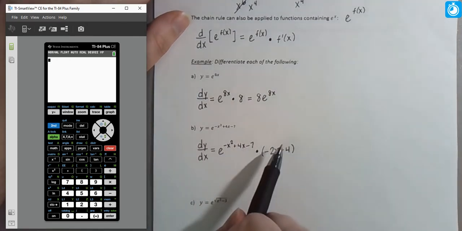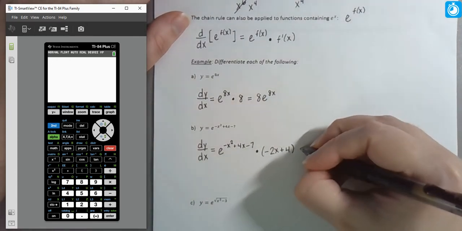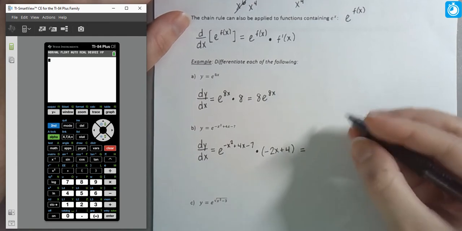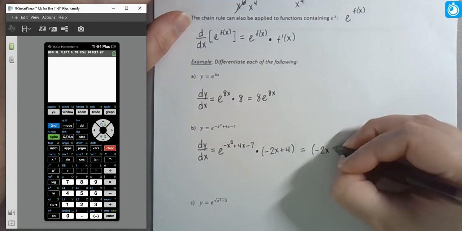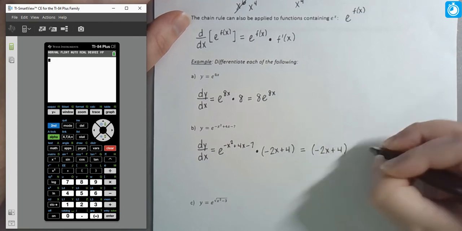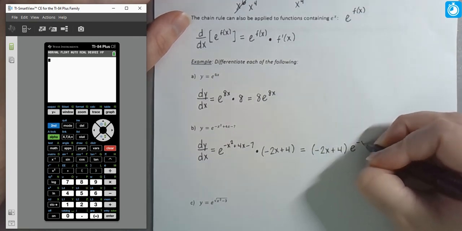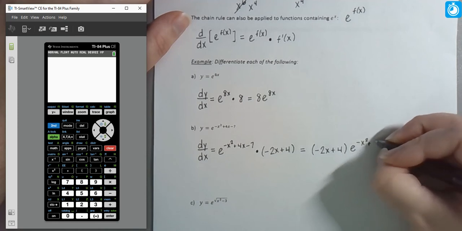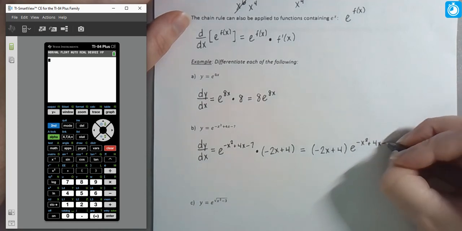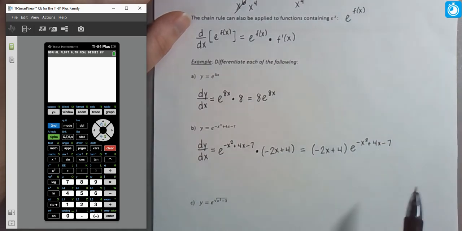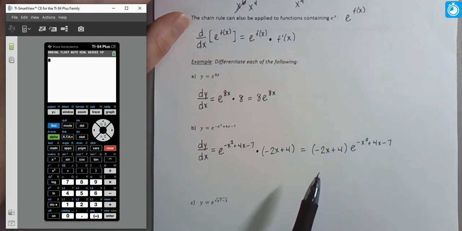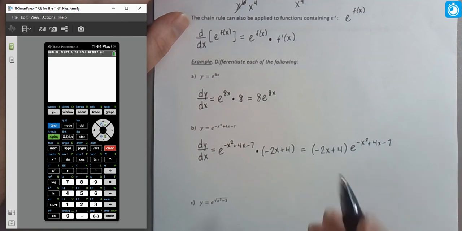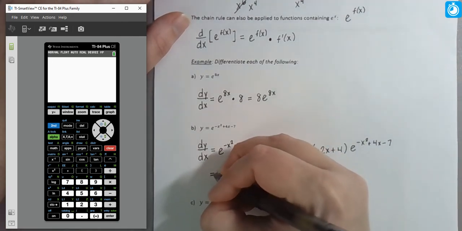So now we just want to clean that up. So I'm going to write negative 2x plus 4 out front, and then I write my exponential after that. Now the only other thing that might be worth doing, notice we have a common factor involved inside parentheses, so we can also factor that.